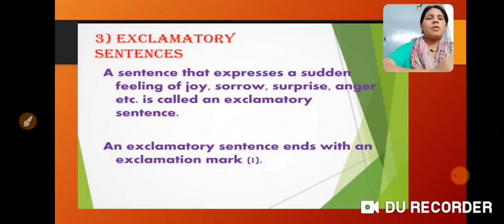After reading a sentence, if you find that it is telling us about the feeling of joy, sorrow, anger or surprise, it means that sentence is an exclamatory sentence, and such sentences end with an exclamation mark.